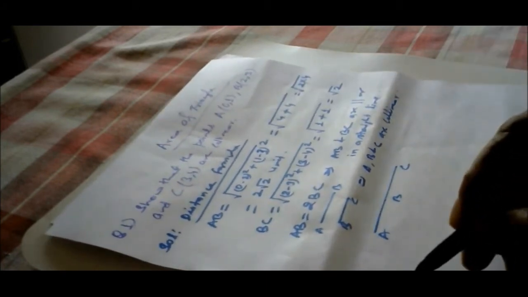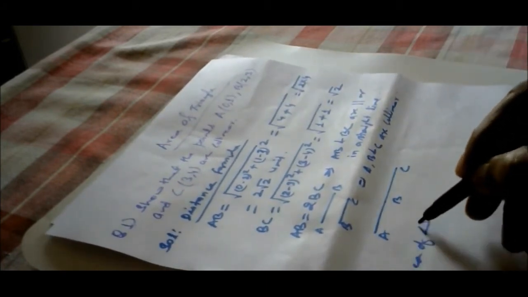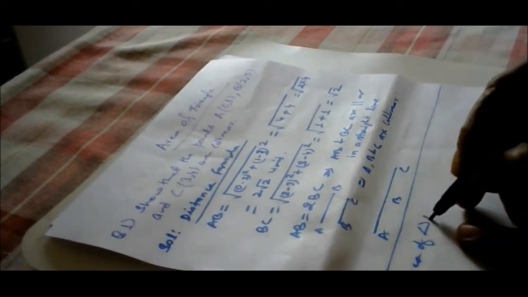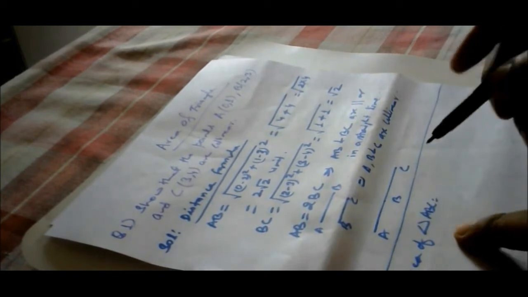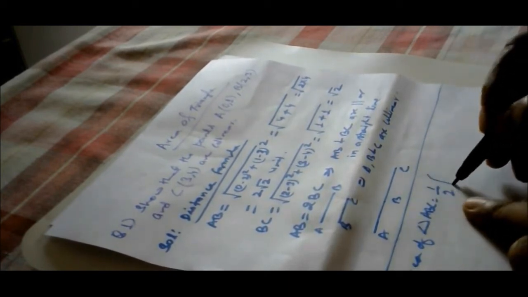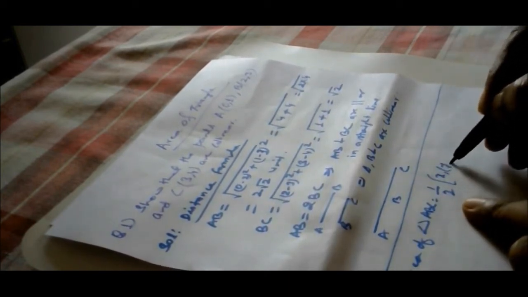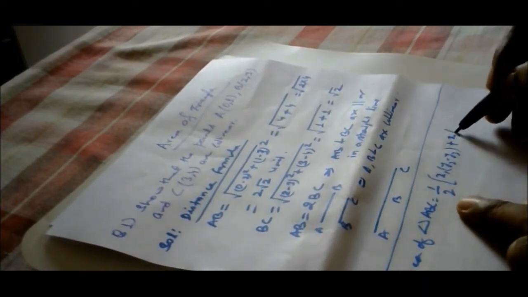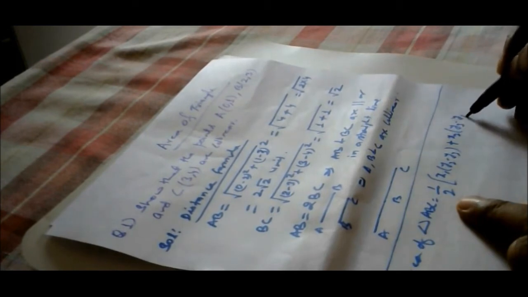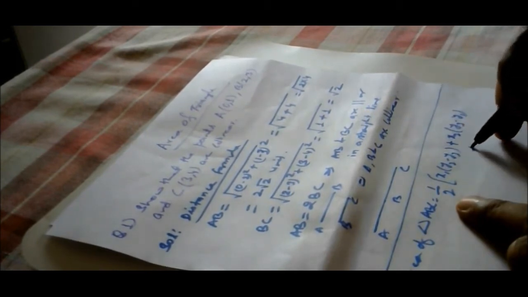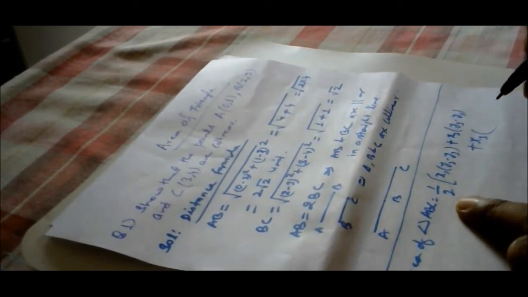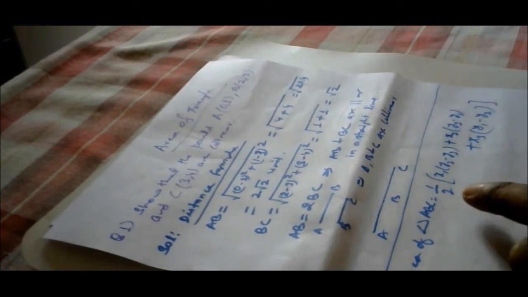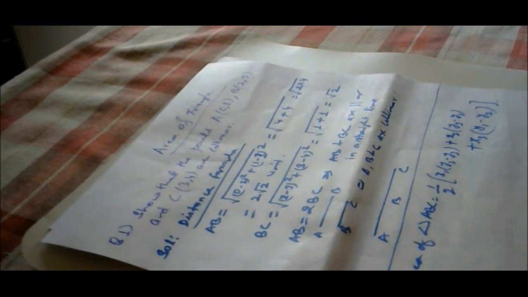Area of triangle formed by three vertices A, B, C is equal to half of x1 (y2 minus y3) plus x2 (y3 minus y1) plus x3 (y1 minus y2). This is the formula for area of triangle.